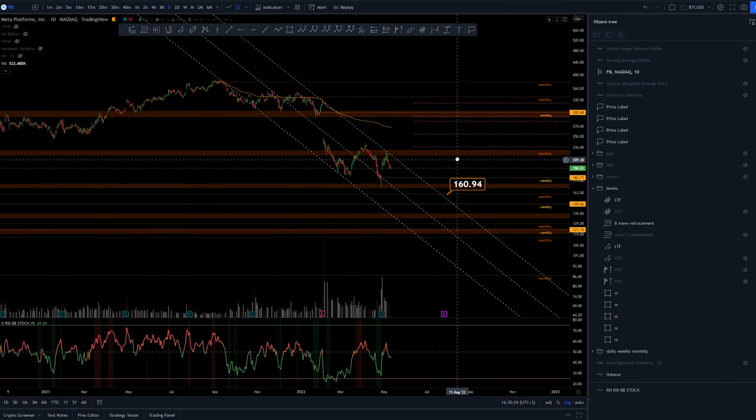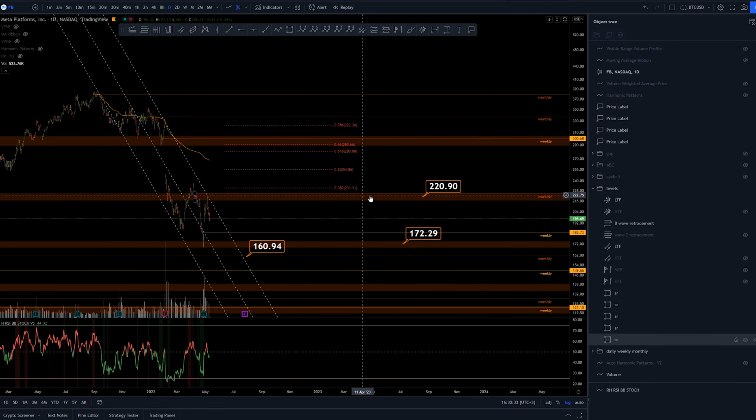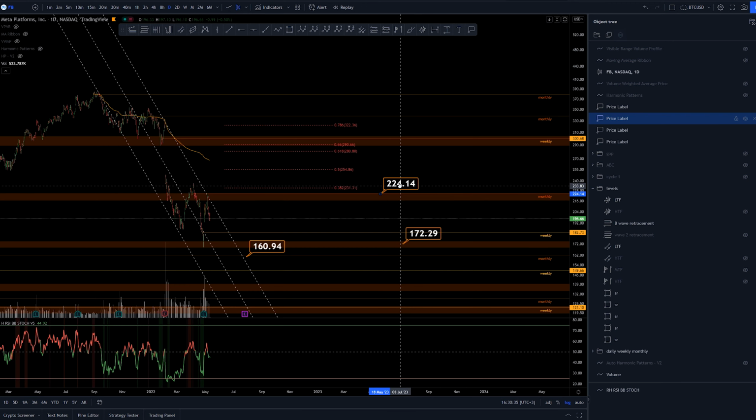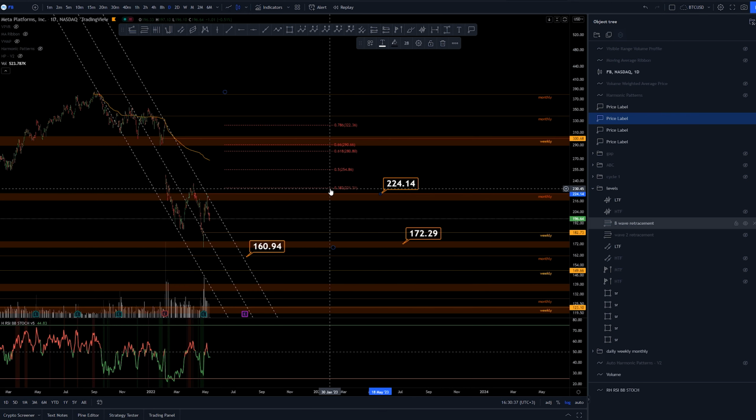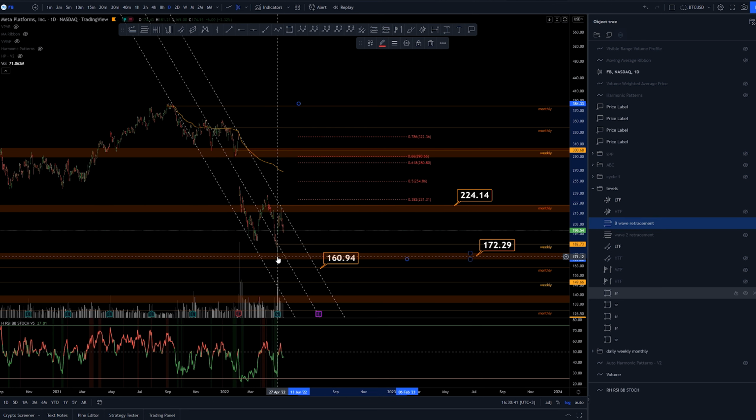Now from the top we can see a few resistance levels already established. Right here again, that same monthly support and resistance area, and with the 0.382 retracement that we've almost hit from the lows. So this is actually not the 0.382 that we're currently looking for here. Definitely some interesting area.